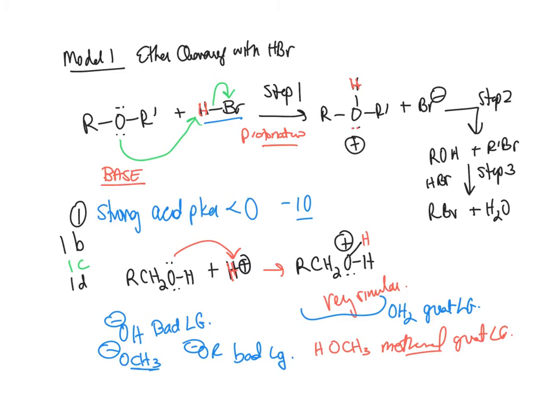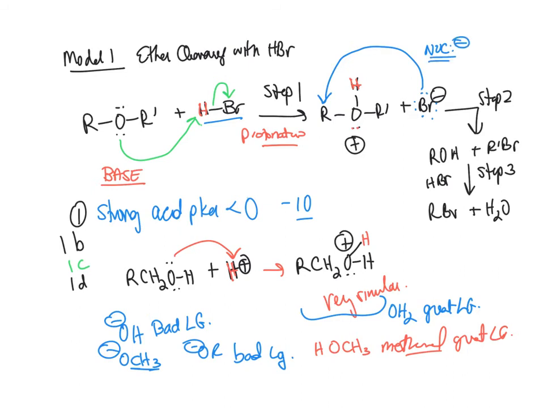So for step 2 of the reaction in Model 1, the protonated ether reacts with the Br minus, the anion. Label the rows as nucleophile, electrophile, acid, or base. Okay, so now we have this bromide, and it's going to attack this carbon here. And when it attacks a carbon, that makes it a nucleophile.